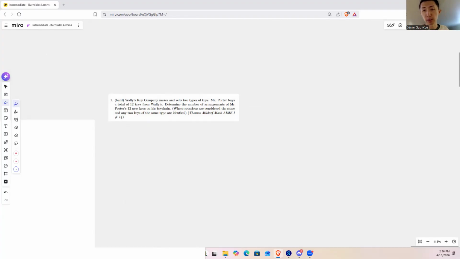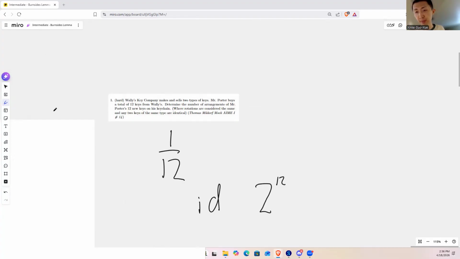Okay, so let's talk about it. We can use Burnside's lemma. There's 12 rotations. Every key can be one of 2 types. So there's 2 choices for each key, and the identity will fix all 12 keys. So there's 2 to the 12th.